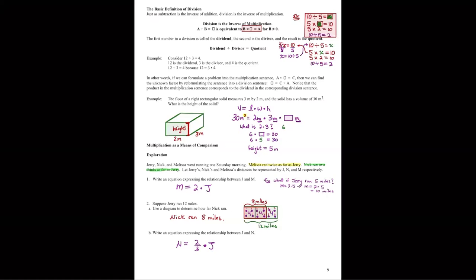Those are words that you would not use with your class, but you still want to drive that idea home. If one variable is only differing from another by a scalar multiple or a constant multiple, then you're dealing with a proportional relationship. In this case, N would be equal to J, except there's a coefficient in front of the J. Because of the presence of that coefficient, you're dealing with a proportional relationship.